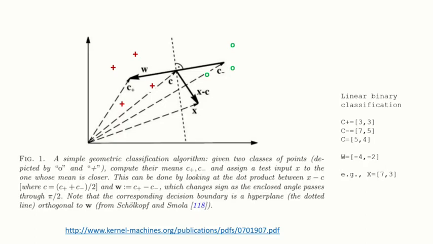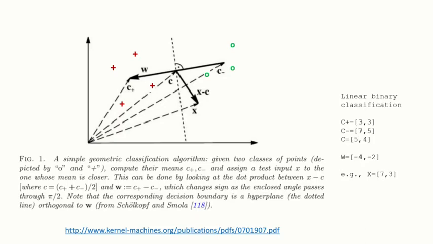We need several things. We need C1, which is the center of this. By the way, they're all in this coordinate system, so we do vector operations. So C1 is here, in the middle, C plus, and you have a C minus, which is the center of another group. This C1 is a vector, okay?